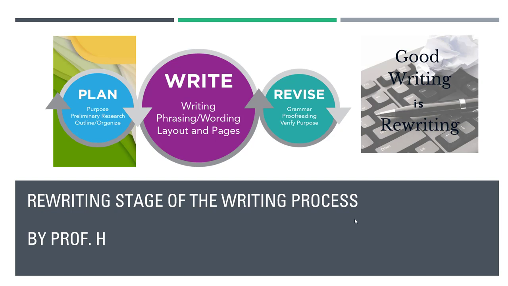Then when you do the proofreading stage, you're proofreading for grammar and punctuation, APA mistakes. So you always look for your essay structure mistakes first before you look for your grammar mistakes. And this video will cover different revision techniques for the rewriting stage of the writing process.